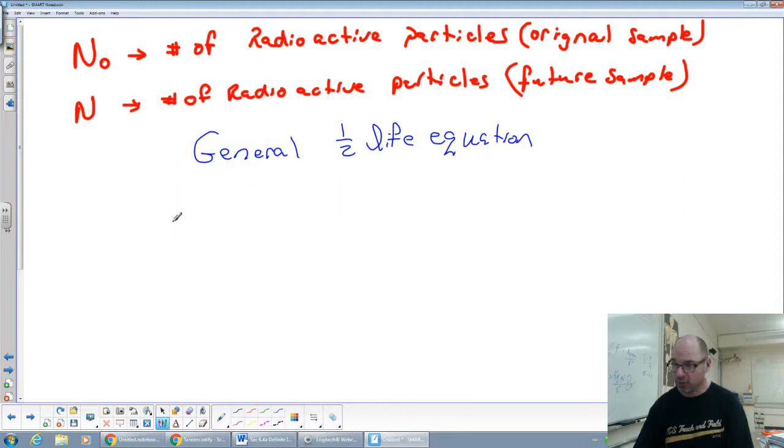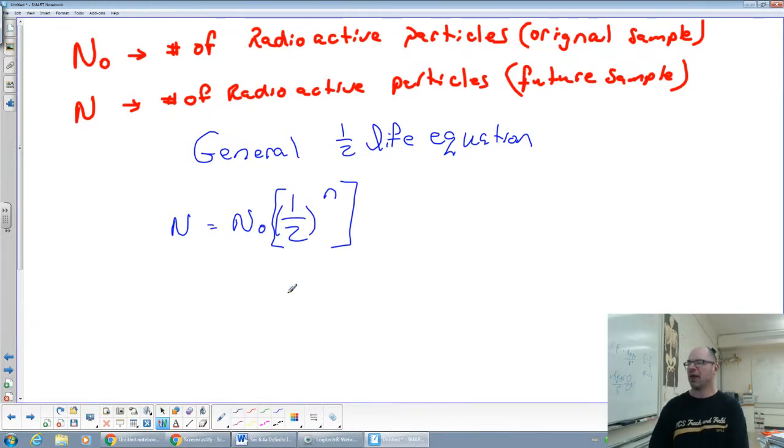The future sample equals the original sample multiplied by 1/2 to the power of n. You have to make sure that you do the 1/2 to the power of n first because of exponents, order of operations. So I like to put it in brackets to remind everybody that you have to do that part first.